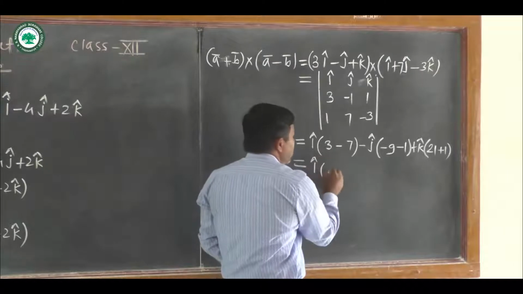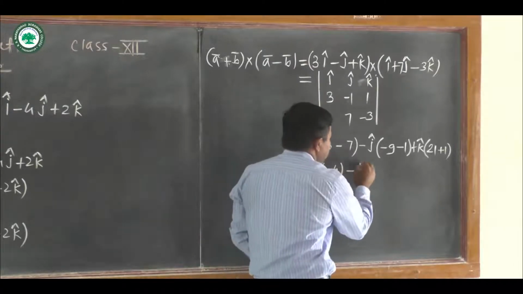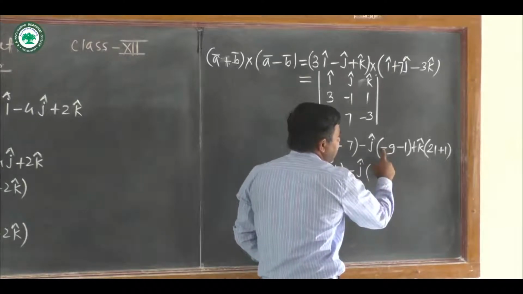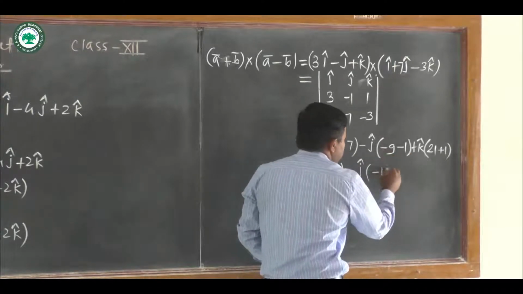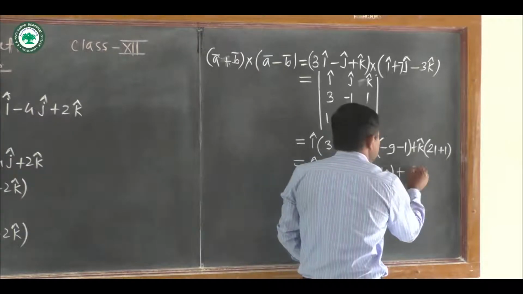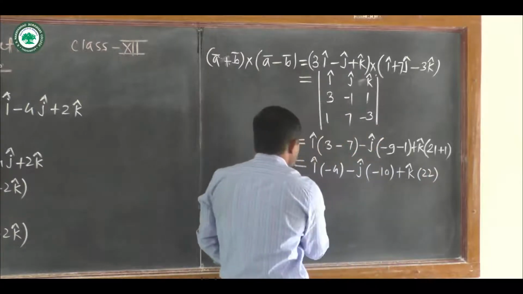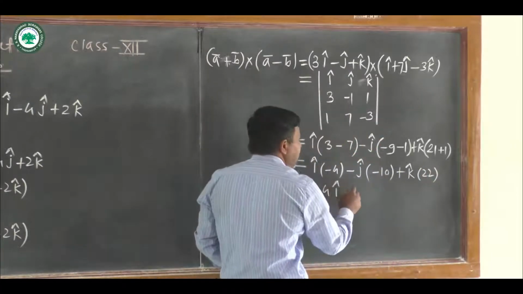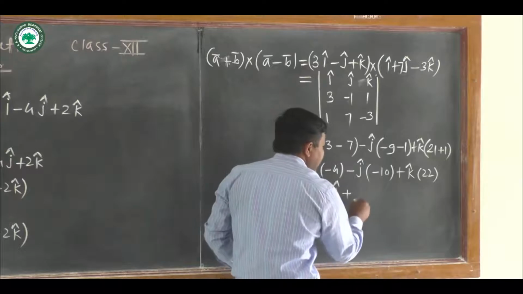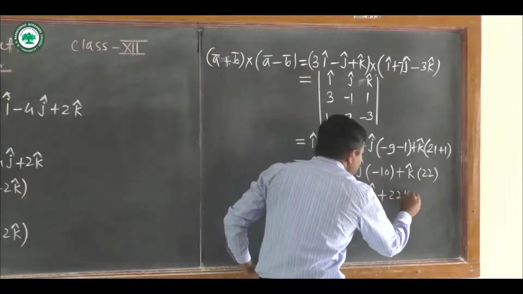So it is equal to i cap into 3 minus 7, that is minus 4, minus j cap into minus 9 and minus 1, minus 10, plus k cap into 21 plus 1, that is 22. So it is equal to minus 4i cap, minus minus becomes plus 10j cap, plus 22k cap.